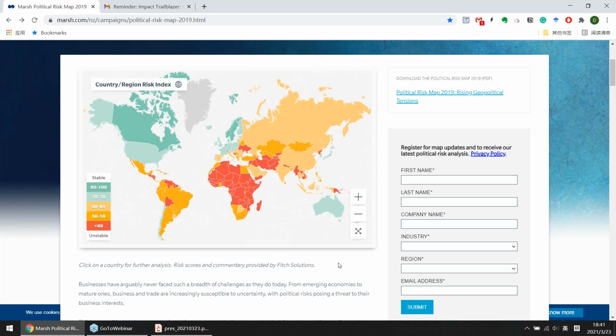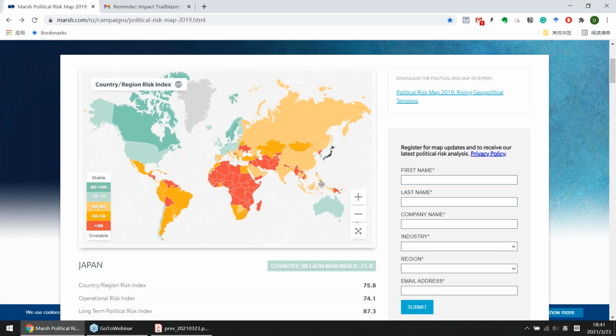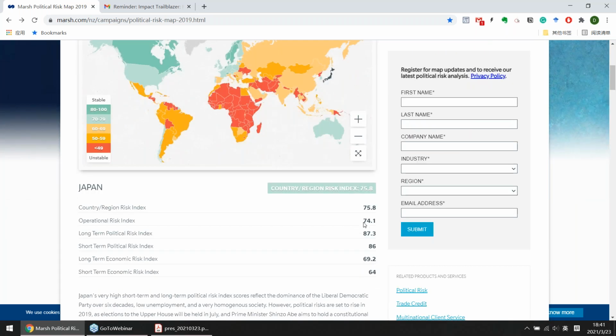First, I would like to say that some companies calculate a political risk index. For example, if we click Japan, we can see the number of the index. The full score is 100. Among those political risks, there are also a long-term economic risk index and a short-term economic risk index.